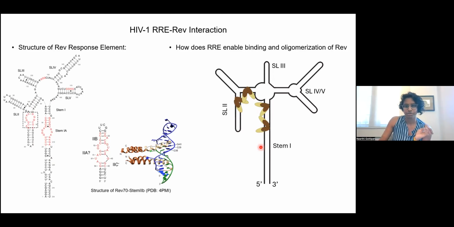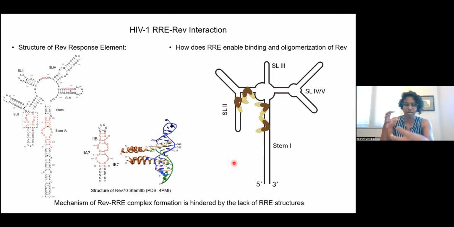So this is just a cartoon representation of dimers of Rev bound to the rest of the Rev response element. Right now, because of a lack of any structural evidence, even though there's a lot of research already done on this complex, we still do not know the nature of this oligomeric complex.